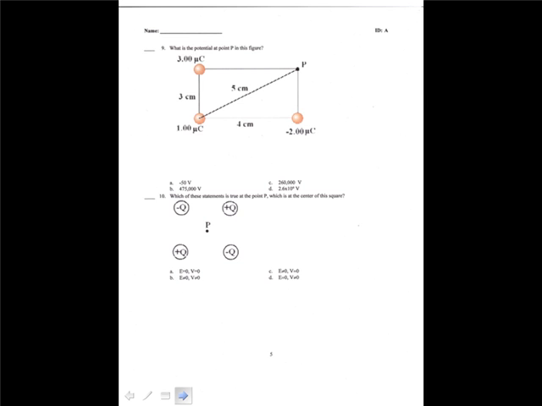What is the potential at point P in this figure? To find the potential, you just sum up the potentials from each individual charge. I want to know the potential at this point. And V is equal to the sum of KQ over R, which is KQ1 over R1 plus KQ2 over R2 plus KQ3 over R3.